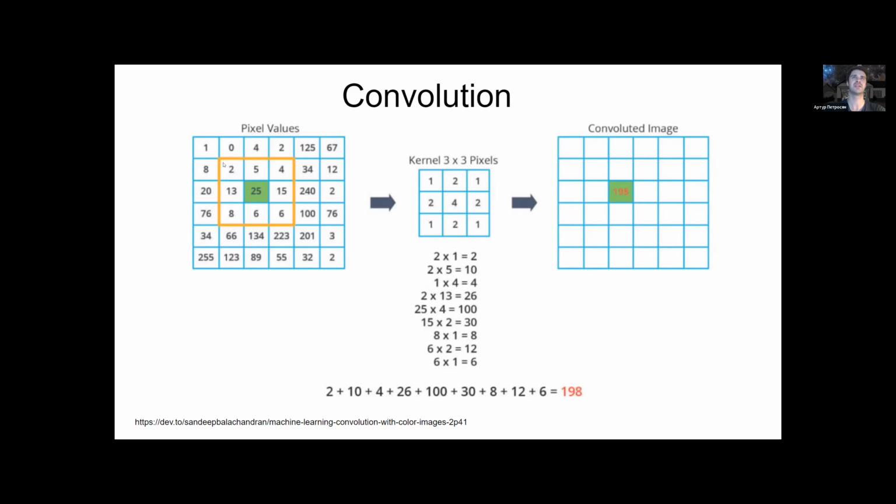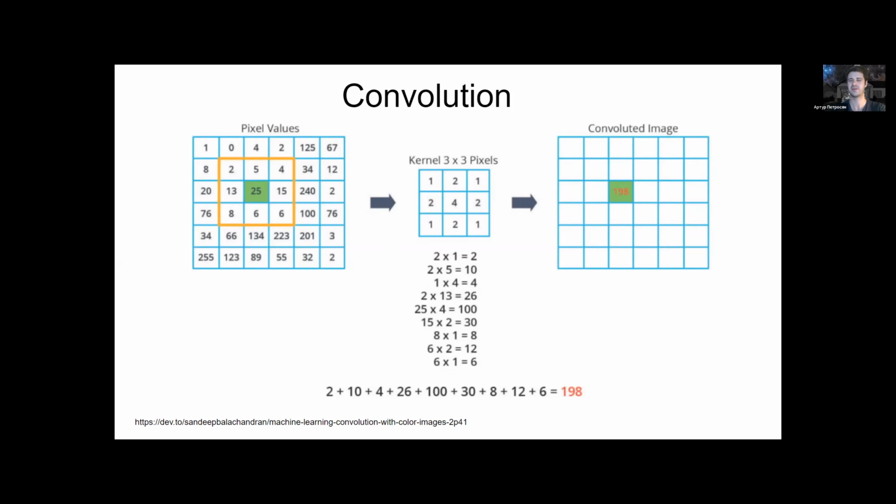How do you get it? Let's take a look at the orange square. We apply the kernel to this orange square. I mean, we multiply 2 by 1, 5 by 2, 4 by 1, and so on. We do this multiplication and then sum all of it up and get 198. You can see the simple calculations here, and you slide over the whole image like that, and finally you get a convolved image.